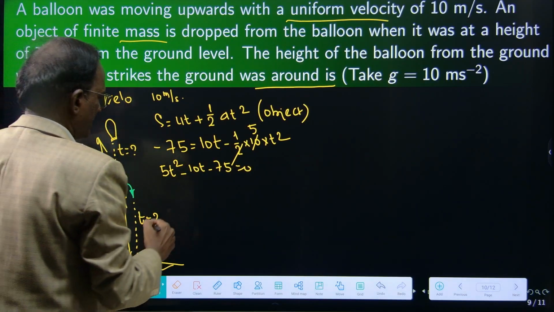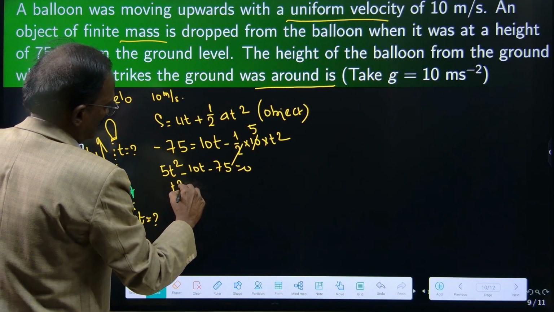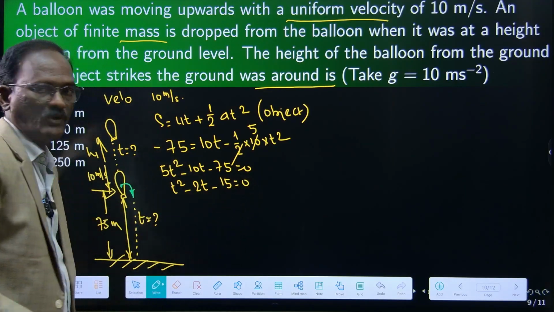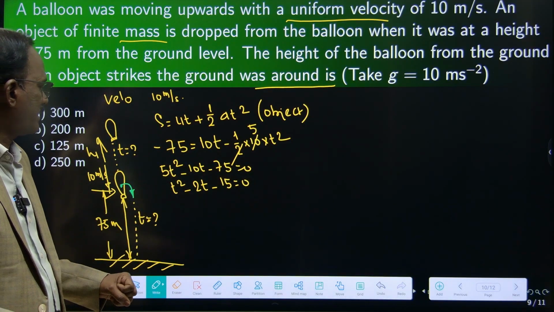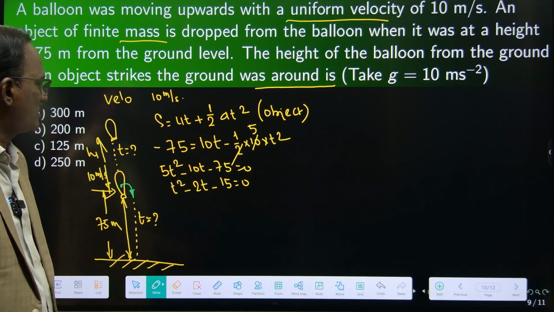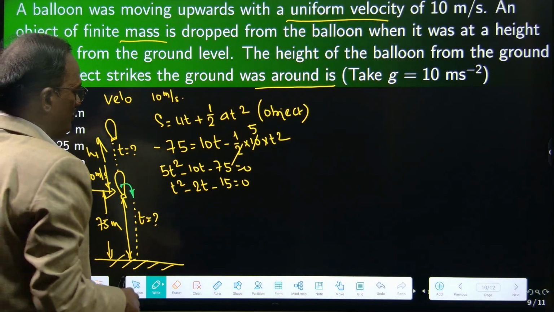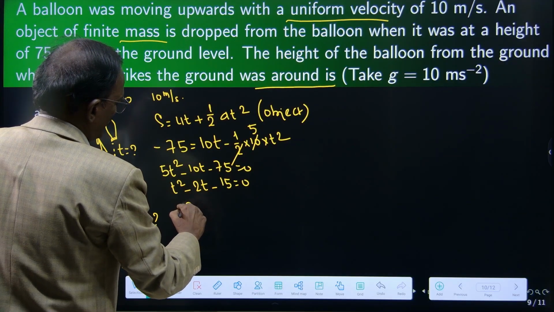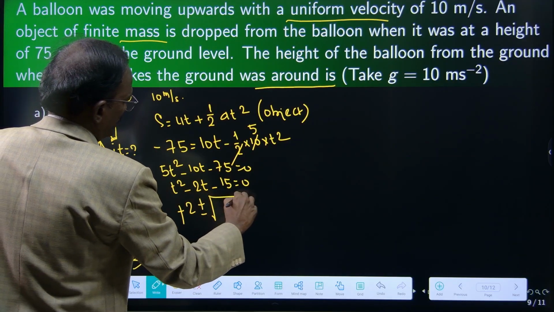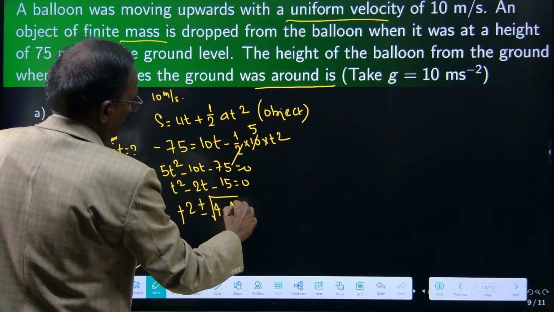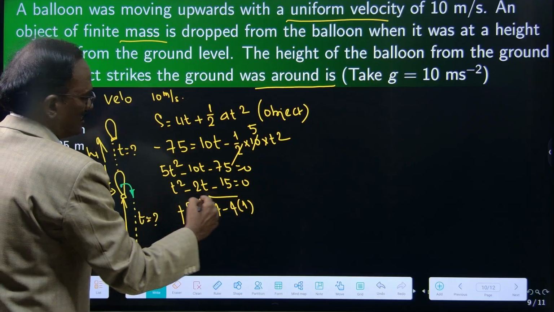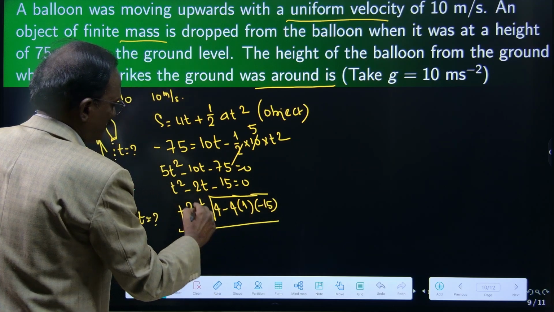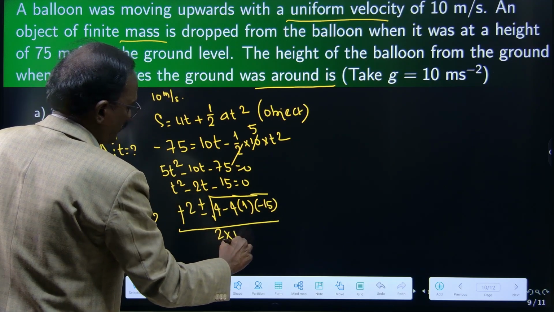We can divide the entire equation by 5. t square minus 2t minus 15 is equal to 0. Once again, this is a quadratic equation, with power 2, power 1 and one constant. Minus b is plus 2, plus or minus square root of b square minus 4 into a, where a is 1 and c is minus 15, divided by 2 into a, which is 1.